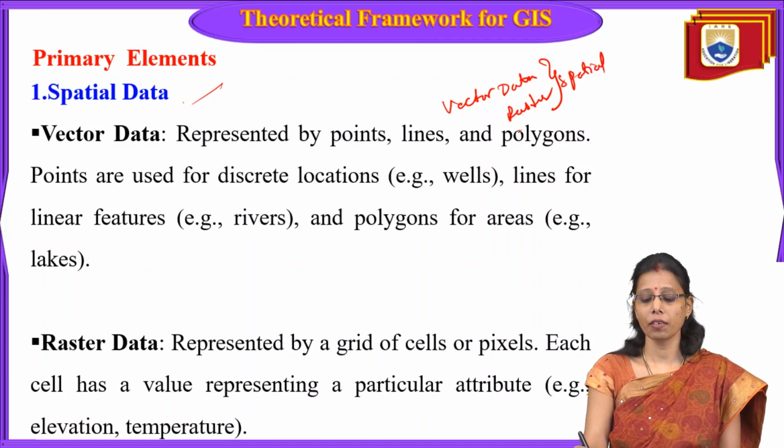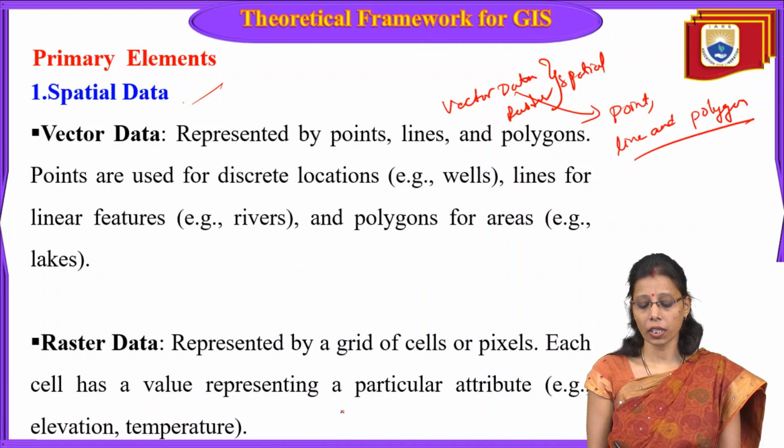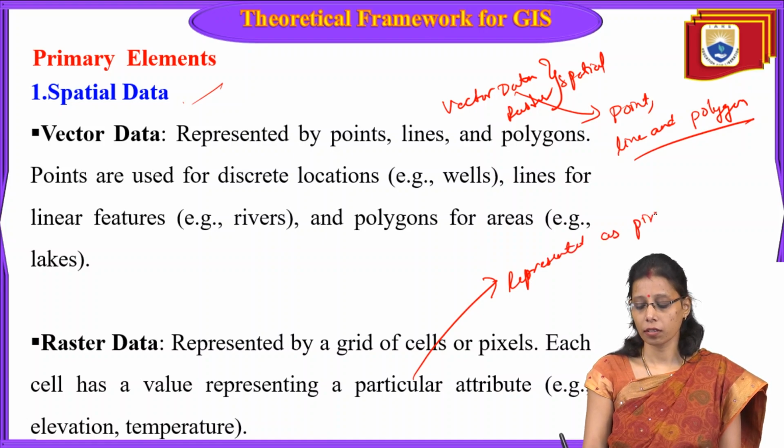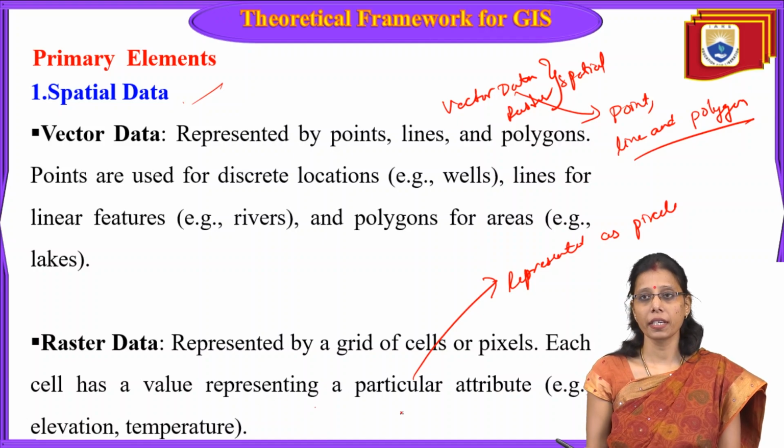So these two are spatial data. When you talk about vector data, it is in the form of point, line and polygons. And when you talk about raster data, the point, line and polygon are represented as pixels. Each cell has a value representing information about a particular attribute, such as elevation or temperature.